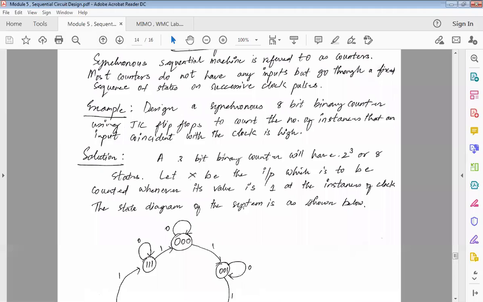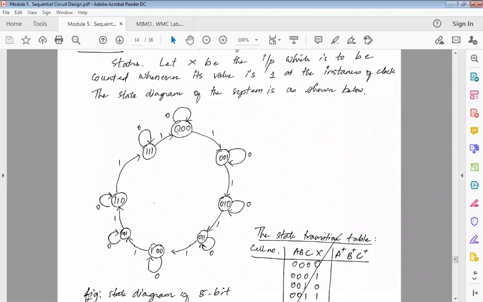See, as soon as we saw the question, 8-bit, and then it starts counting, we saw that we need to have 8 combinations, right? So immediately we get to know, it's 2 raised to 3, and I start from 000 to 111. I'll get 8 combinations. If it's 1, I'm going to the next state. If it's 0, it will stay in the same state, right?